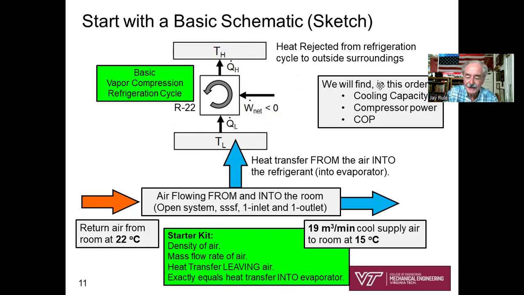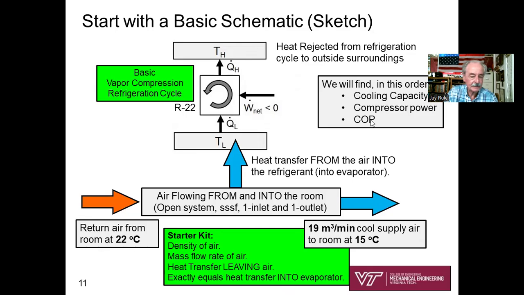This isn't intuitively obvious. Here's what we're going to find in our solution, in this order. We're first going to find the cooling capacity. We're going to discover that analyzing the air system is the key to this. Cooling capacity, get that first. Next, we're going to determine the compressor power, the electric power it takes to run the compressor.